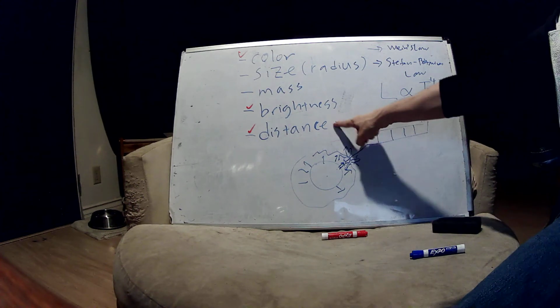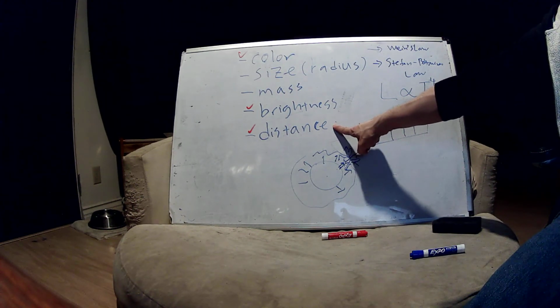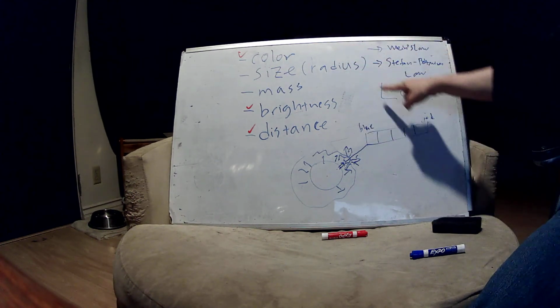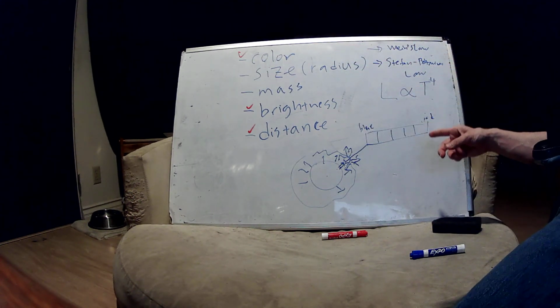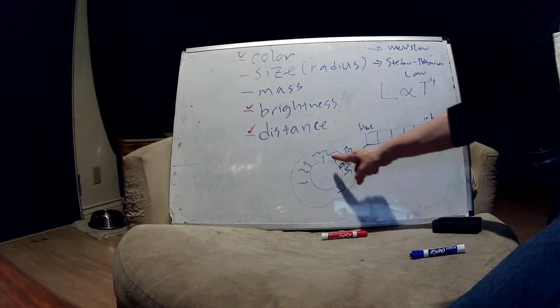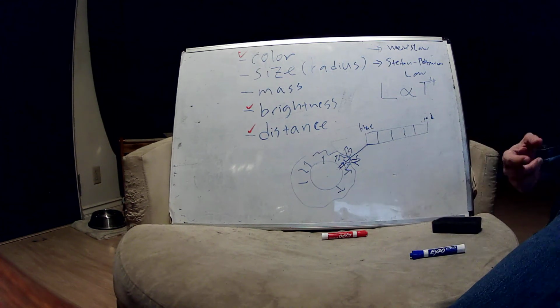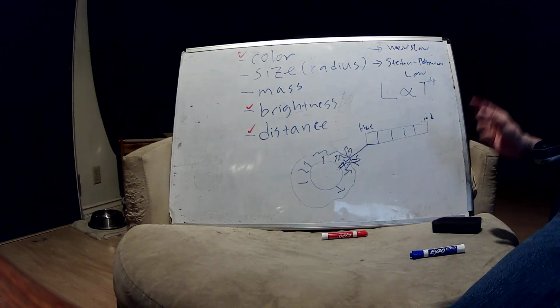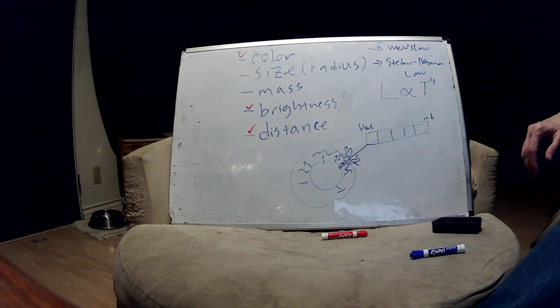Now, if we know how far an object is, and we know what color it is, according to the Stefan-Boltzmann law, we should be able to figure out how much energy it's giving off per unit area. That's what color is. Obviously, the hotter something is, the bluer in color, the more energy it's going to give off per unit area.